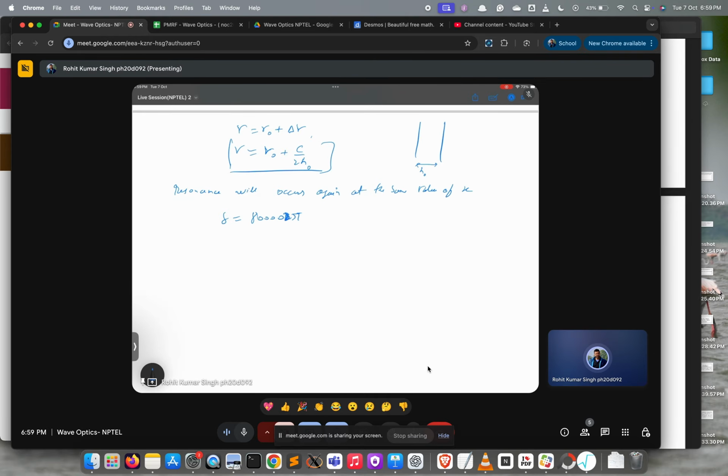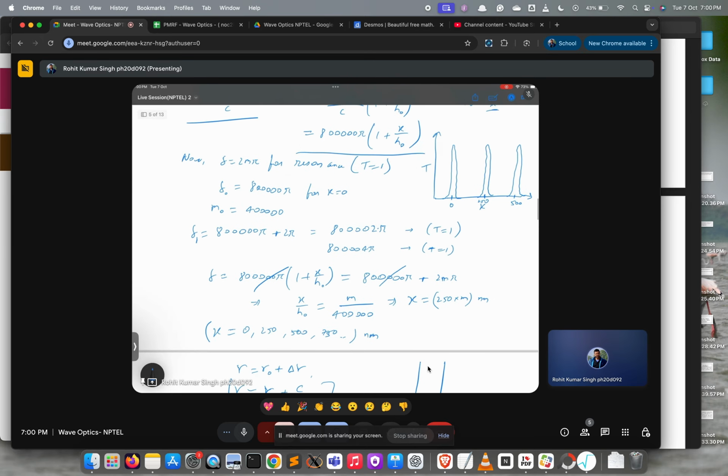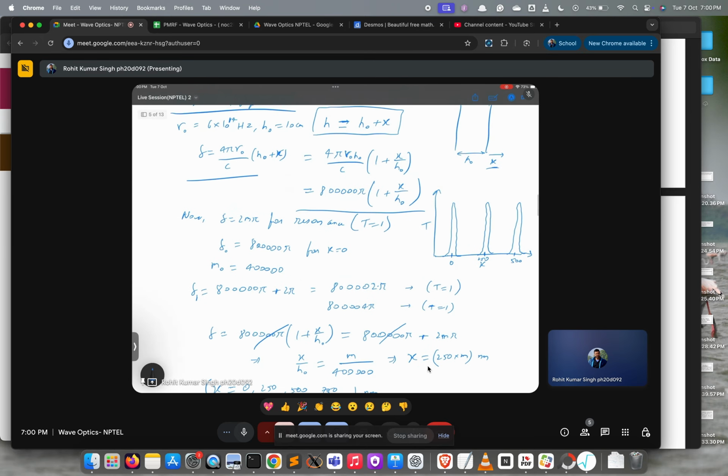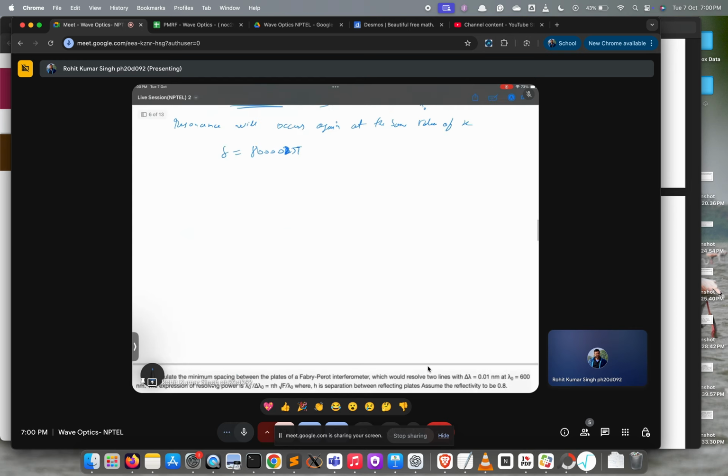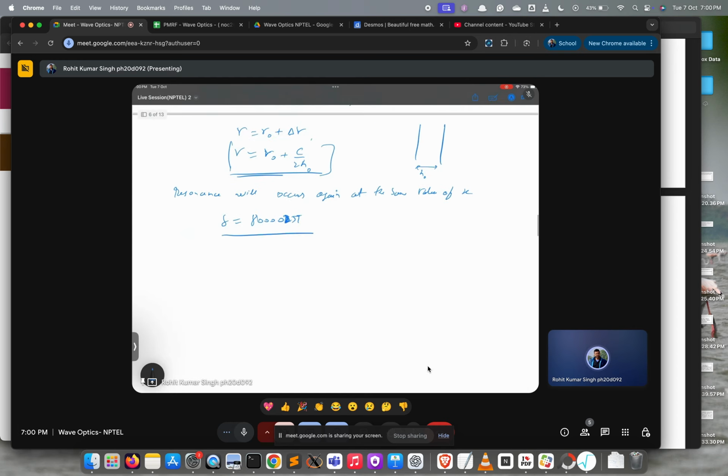This you can also calculate using this frequency, using this formula here. You will get the same value. But now it corresponds to x equal to 0, right? We have not moved the plates, we have changed the frequency.